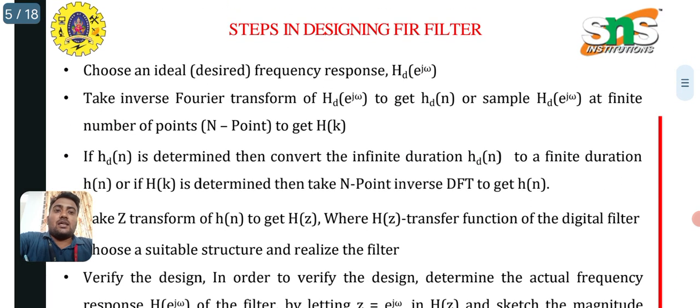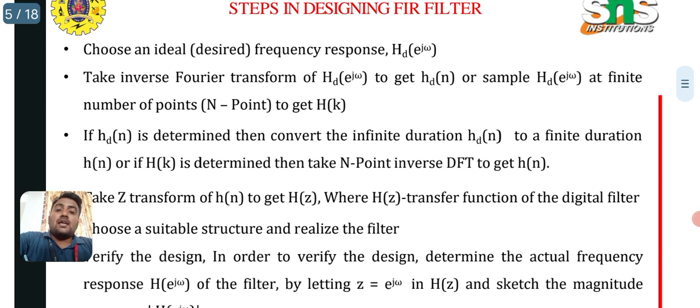Let me see what are the steps involved in the FIR filter design. First step, we have to choose the correct ideal desired frequency response for the type of FIR filter we are going to design, which means low pass filter, high pass filter, band pass filter, or band stop filter.